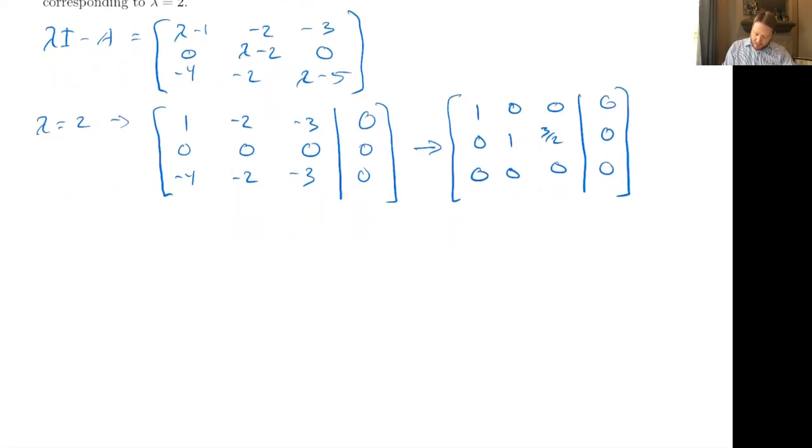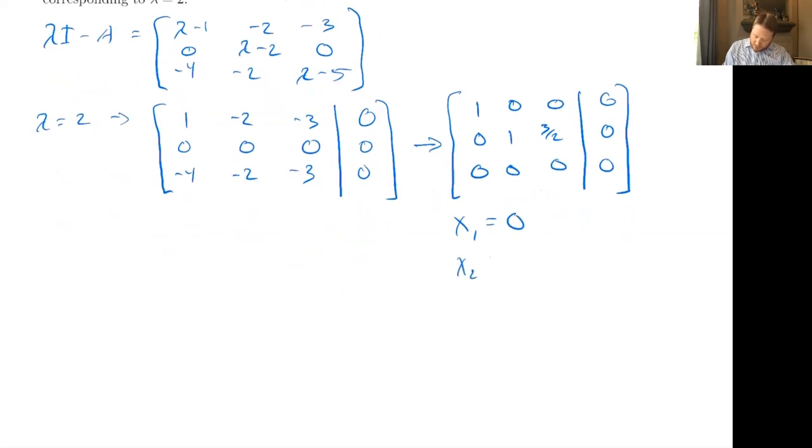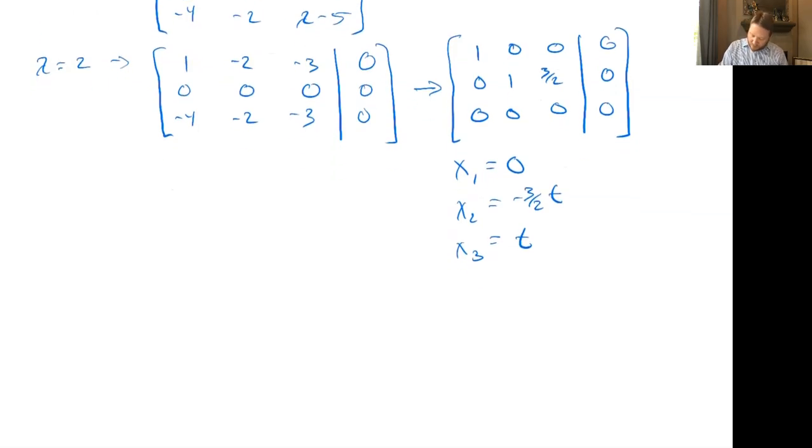Which means that x1 is equal to 0. x2 depends on x3, and x3 is free. So x2 is -3 halves t. That means my eigenvector is going to be 0, -3 halves t, and t.